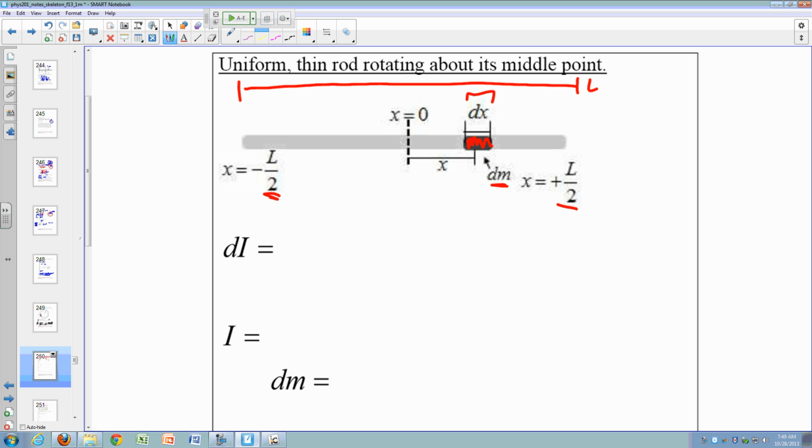Then dI, this is our definition for moment of inertia, is equal to r squared times dm. And so I, if I take the integral of both sides, and I'll put it in the proper units like we have here, will be the integral of x squared dm.